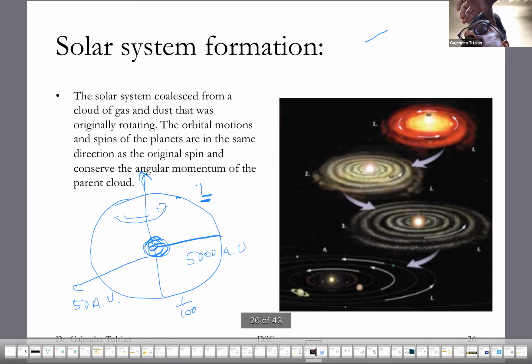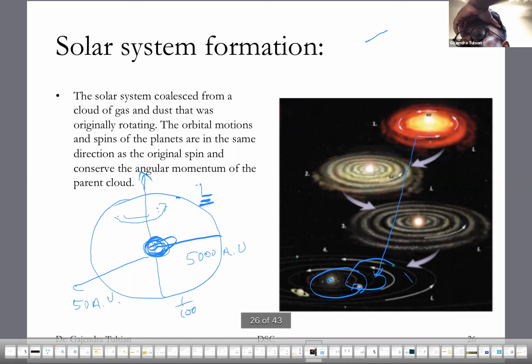As the cloud collapsed, it was spinning faster and faster, just like when a skater folds her arms and legs in, she spins faster and faster. So the entire solar system now, which is made of objects like this, the sun is spinning and the planets are going around in that direction. The total angular momentum through the entire process for 5 billion years has remained constant.